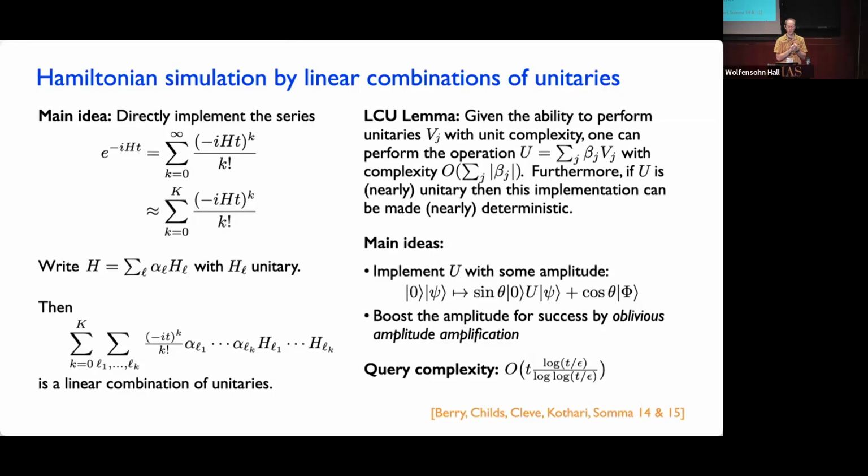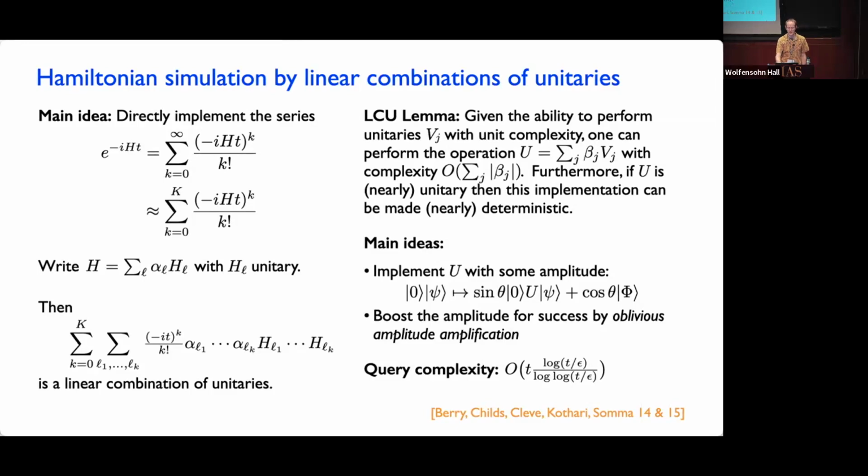There are different ways you could imagine applying this, but the simplest way to get this complexity doesn't just do one step that goes all the way to the end of the evolution. It divides the evolution up into segments, does each of those very accurately, and then strings them together.